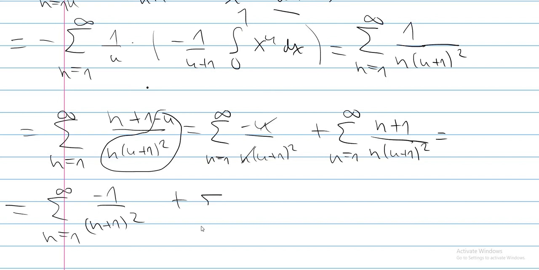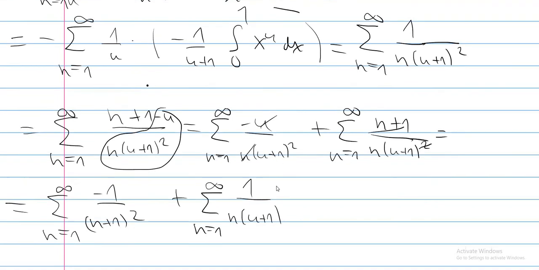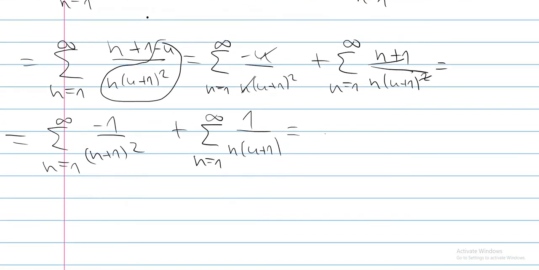What will happen here? We will have a sum going from 1 to infinity. This and this will cancel each other out. We will have 1 over n times n plus 1. And what will happen now? We can rewrite, we will change the summation to go from n equals 2. So we will have to plug here n minus 1 plus 1, which will just give us n.